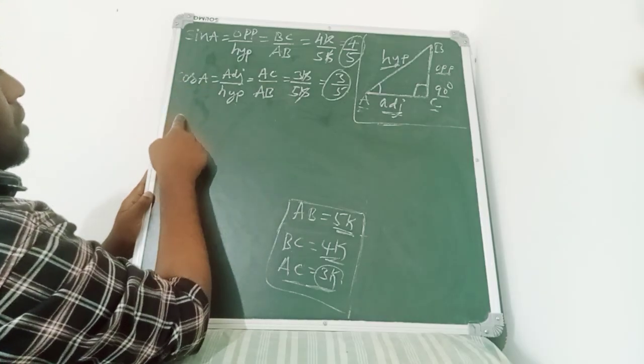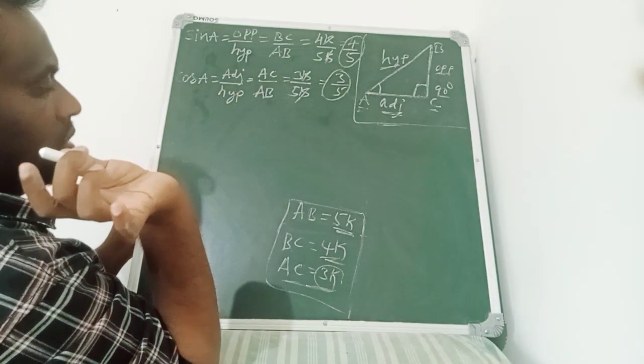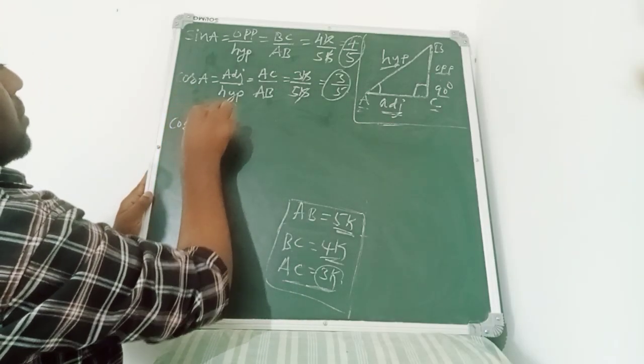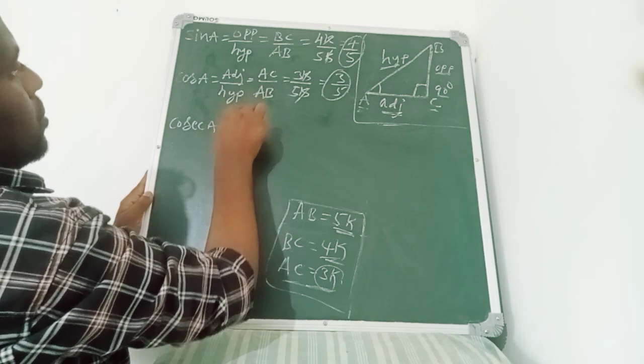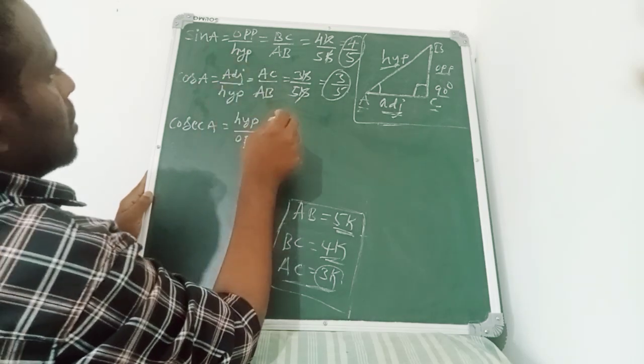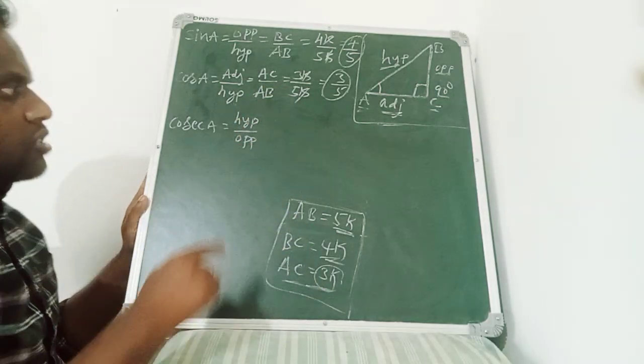Next, tan A, it is already given in the question itself. Next, cosecant A. Cosecant A is equal to hypotenuse divided by opposite side. So this is also a formula.